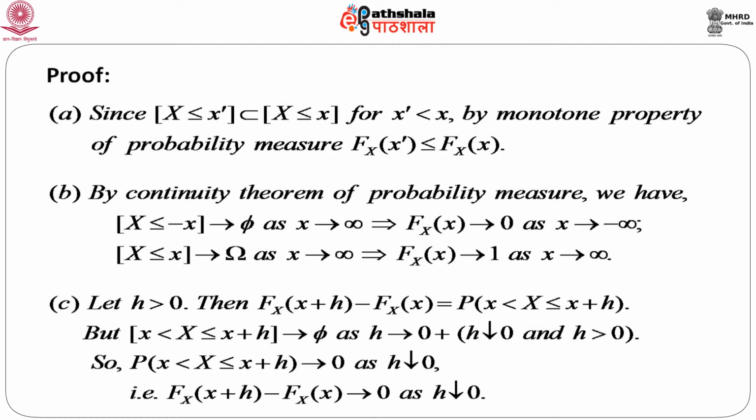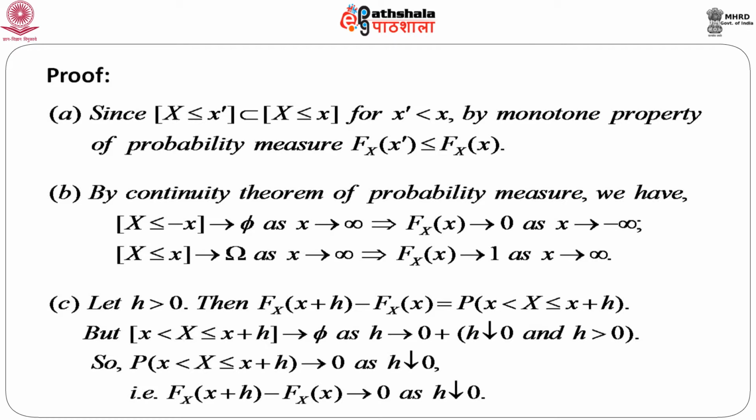So again, this event goes to phi as h goes to 0. We can immediately say, by the continuity theorem of probability measure, that the probability of this event, x less than capital X less than or equal to small x plus h, goes to the probability of phi, which is 0, as h goes to 0.